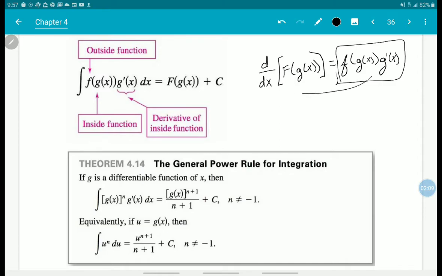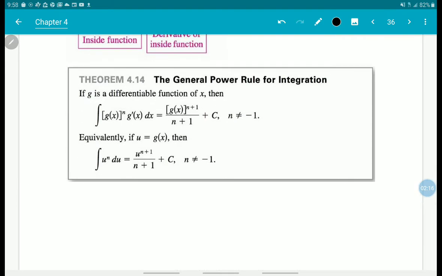Notice that that's what we would have started with in here. So then your general power rule, all it says is you're going to add 1 to the exponent, divide by the new exponent. Notice this is your chain rule also. There's your inside function. You have to have the derivative of the inside function. So then we could do that u substitution just like we did above.